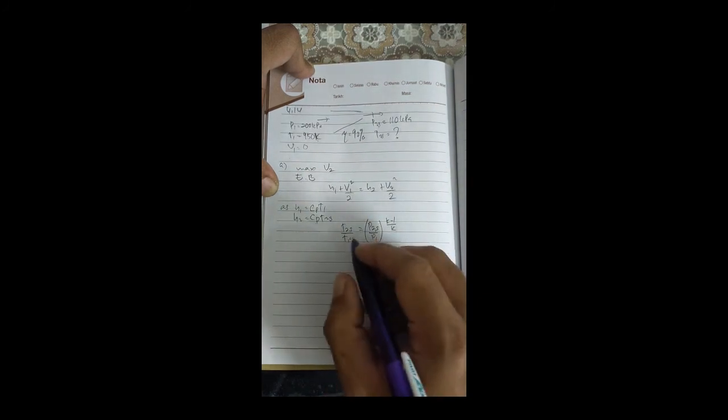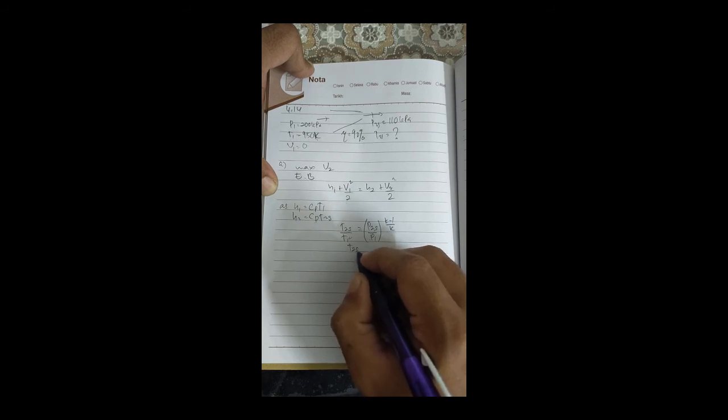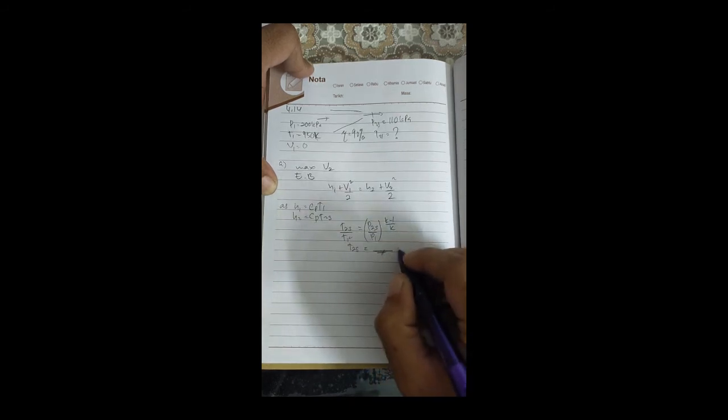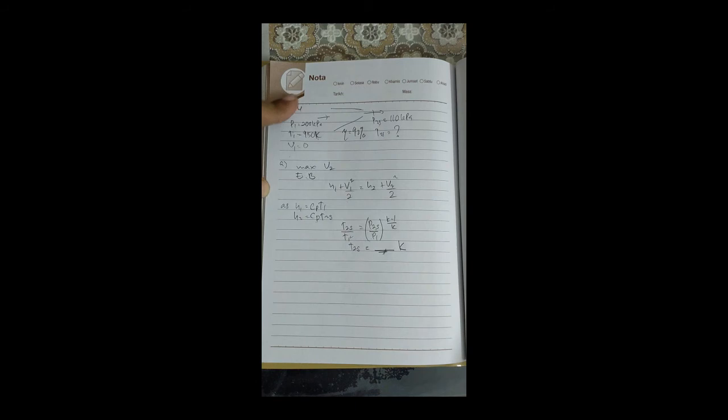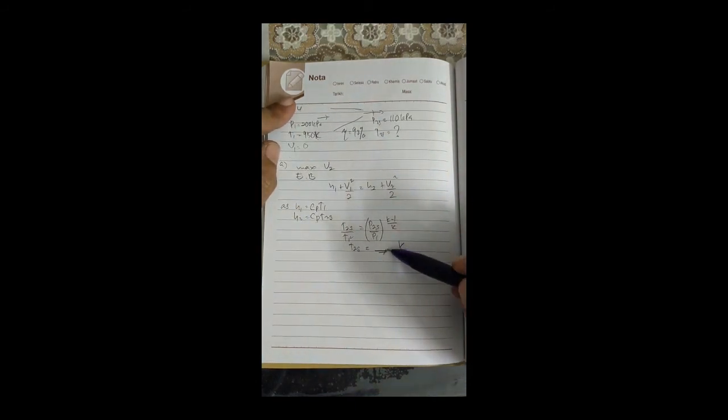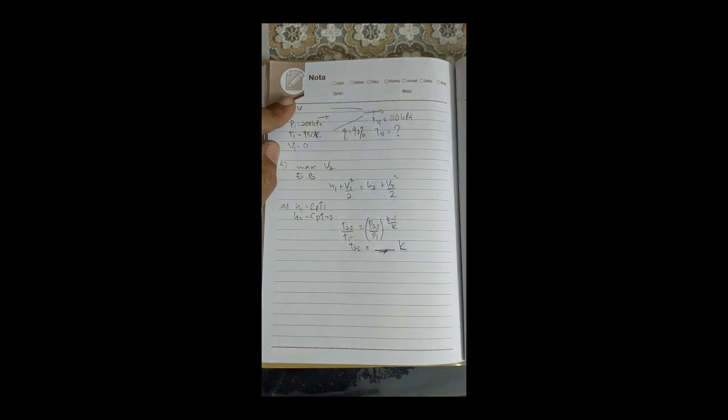So you can calculate T2S in Kelvin. Then you can substitute this value into this equation.